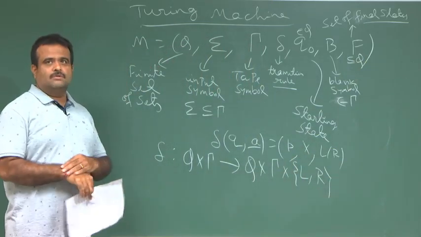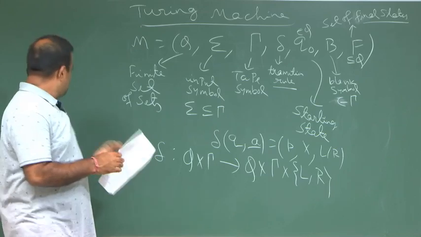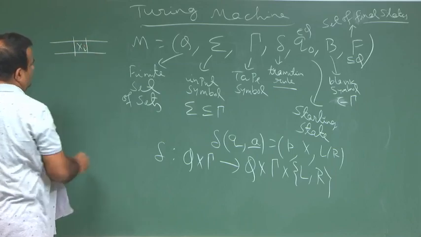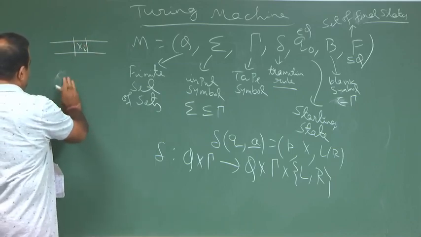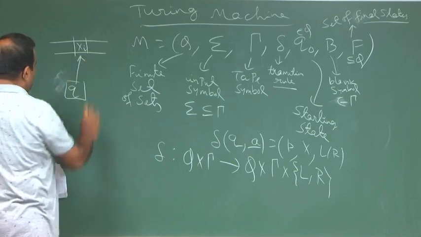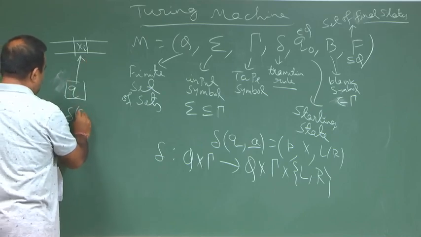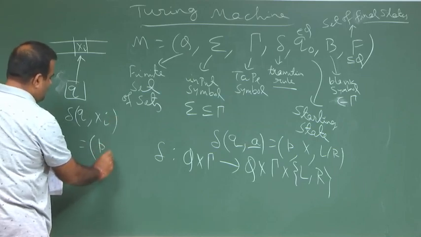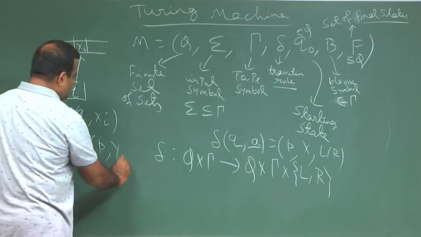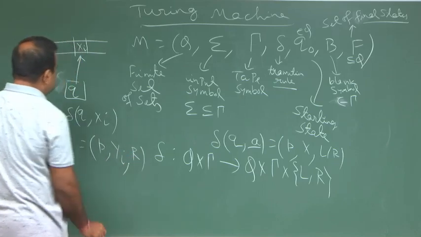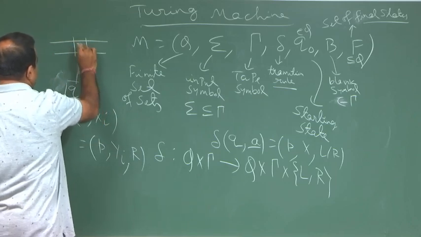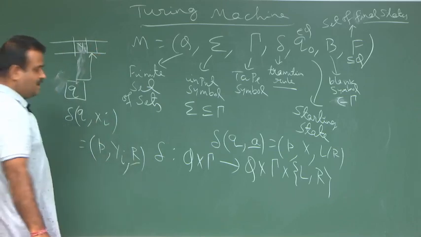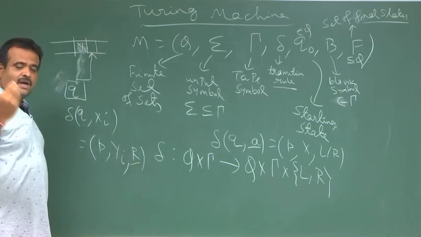This we all know, these are all symbols we are familiar with. Given a tape symbol, suppose this is xi, I mean given any symbol. So delta of q, suppose our system is at q and we are reading xi. If this goes to p, and xi is replaced by yi, and the move is R, that means xi will be replaced by yi, and the head will point to the next cell, because this is telling us to move the head to the right.